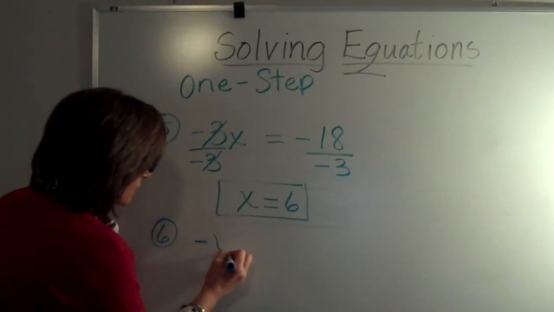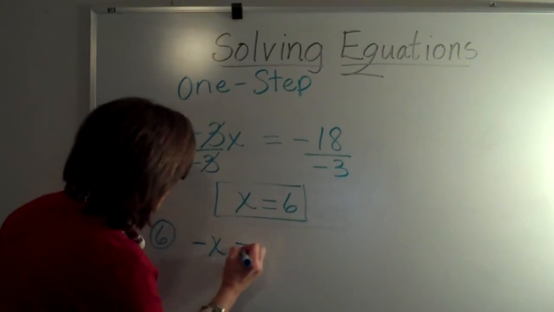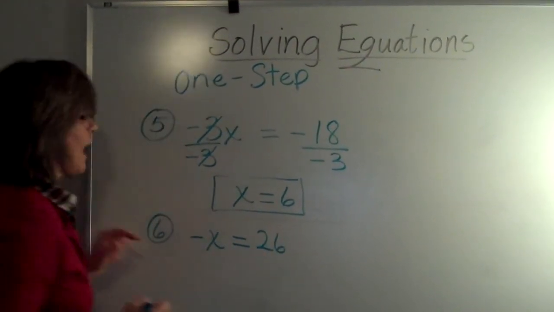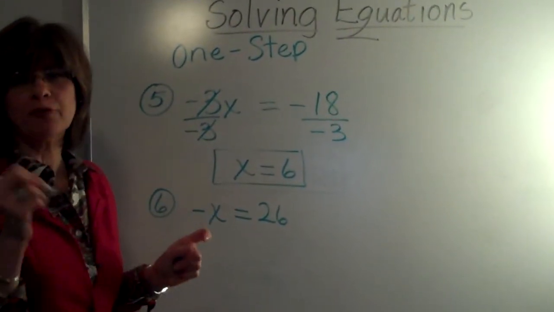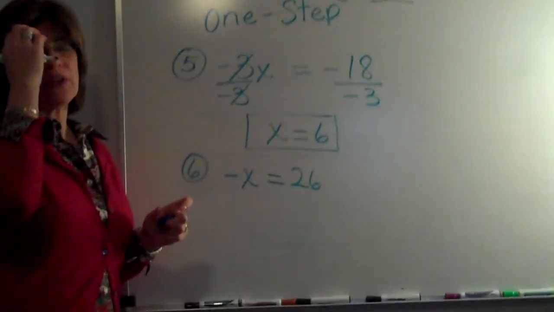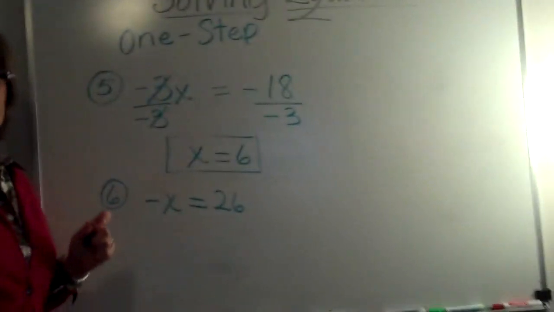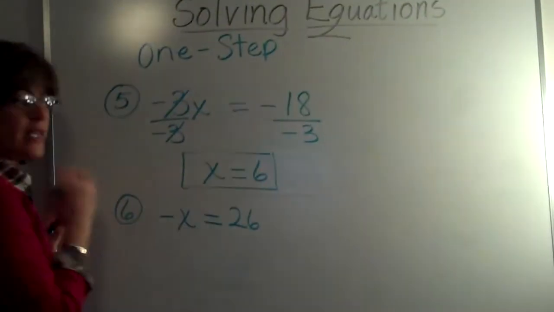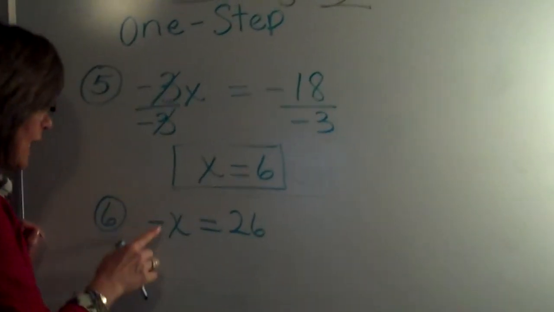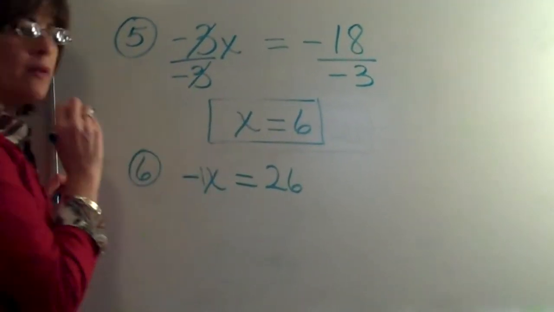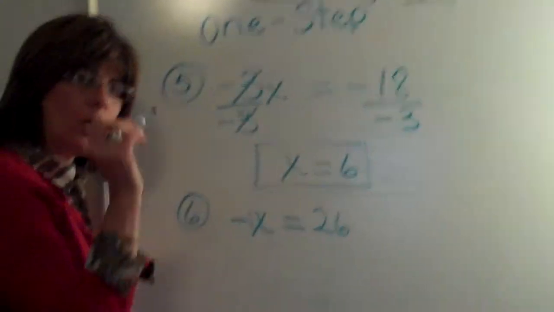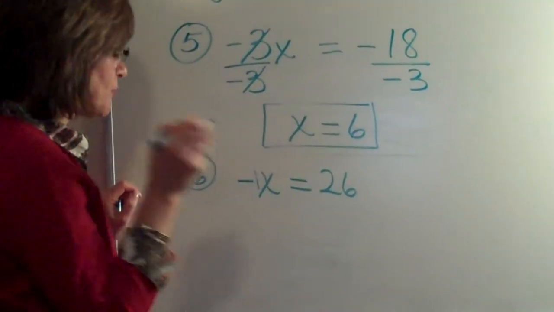Next one. Now here's an example of what happens when you have a negative variable. We can't leave it like this. It's like leaving a fraction unreduced. So I'm going to find my variable x. It's attached by multiplication to -1. Remember that imaginary -1. We know it's always there, but we don't have to write it.